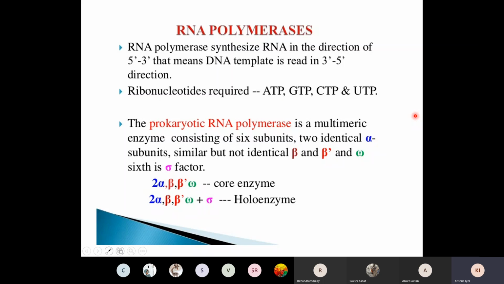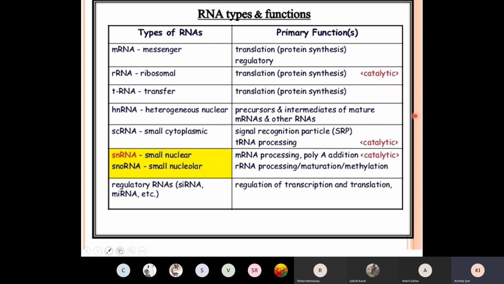Because RNA contains adenine, guanine, cytosine, and uracil, the nucleotides which are required for polymerase to work are ATP, GTP, CTP, and UTP.